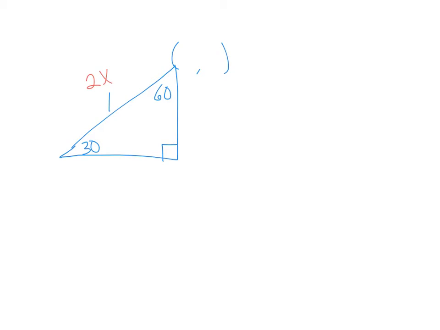The side across from 60, as we just looked at, is x times the square root of 3, and the side across from 30 is just x. So if the hypotenuse is 1, and that is 2x, then the side across from 30, which is just x, has to be half of that. So half of 1 would just be 1/2. So the length of this side here is 1/2.